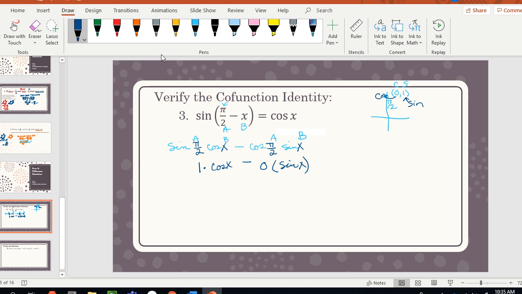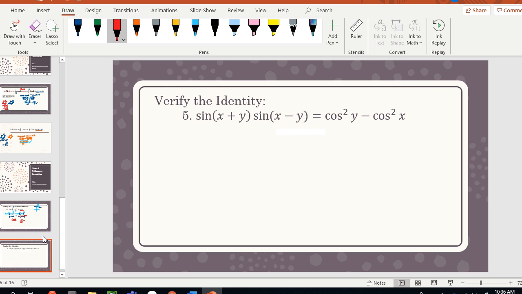Well, 0 times anything is 0, and 1 times anything is that thing itself. So it's cosine of x. I'm done, and look, it verified. Yay! Here, we'll put a little heart. We got Valentine's coming up. Yay!